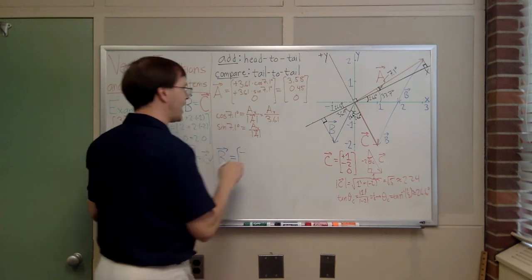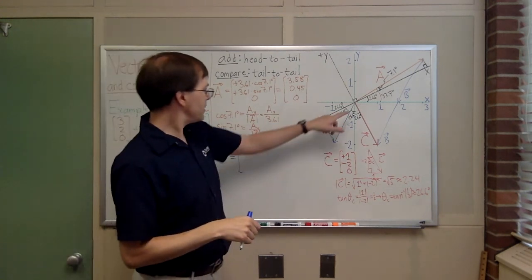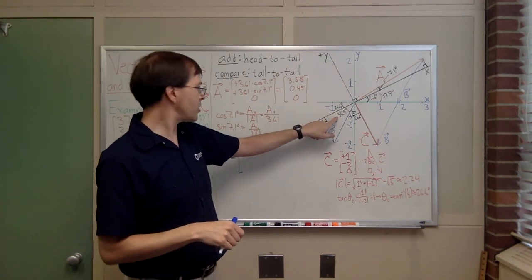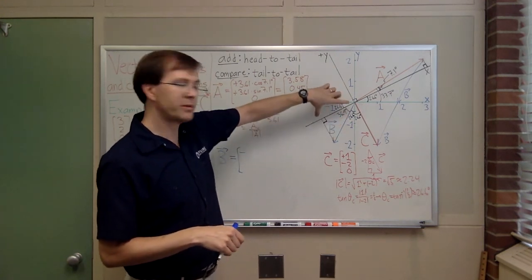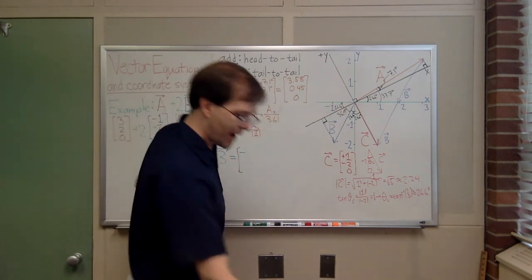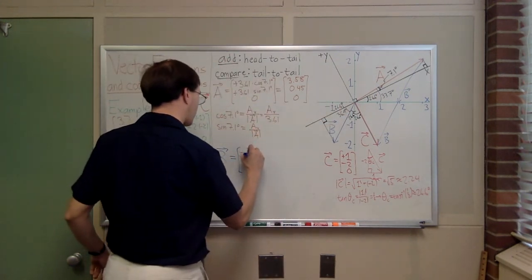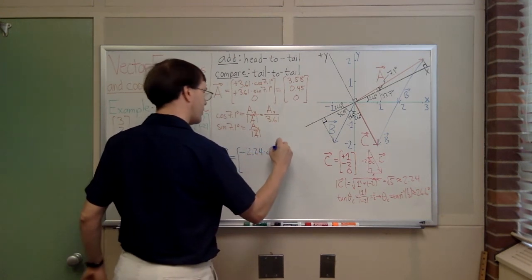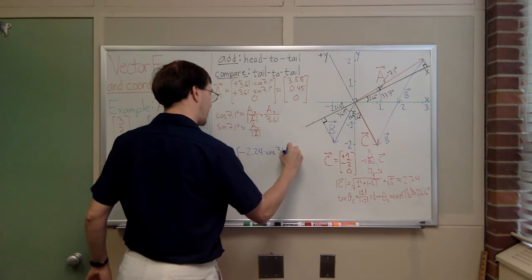And just as I did with A, that's going to be the related cosine of 36.9. So magnitude times cosine will be that component, just like it was up here. And it's negative, my magnitude here was 2.24 times the cosine of 36.9 degrees.